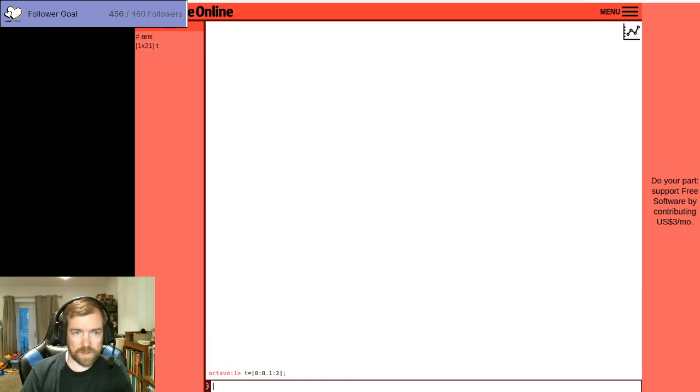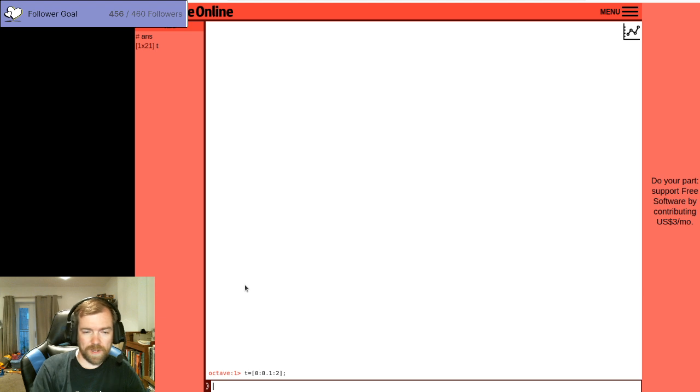That should give us 1 by 21. So t is going to be all values from 0 to 2 inclusive, incremented by 0.1.